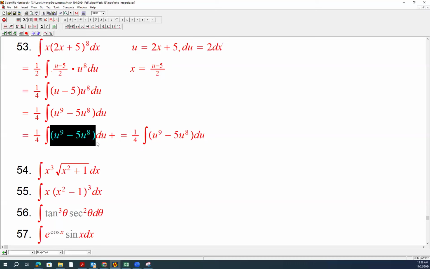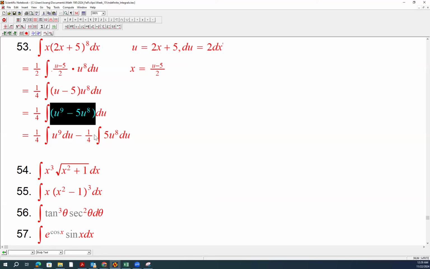Okay, so this part, and subtracting, we're going to check. There we go. 1/4 u to the power 9 minus 5, and bring that 5 outside.